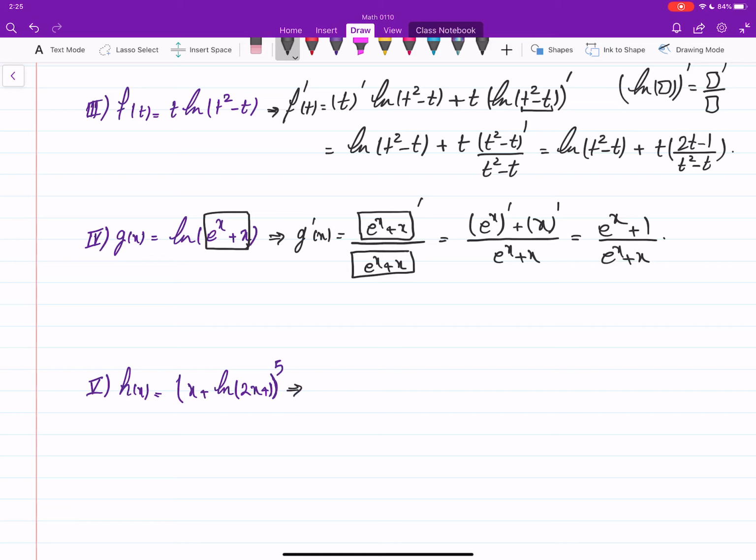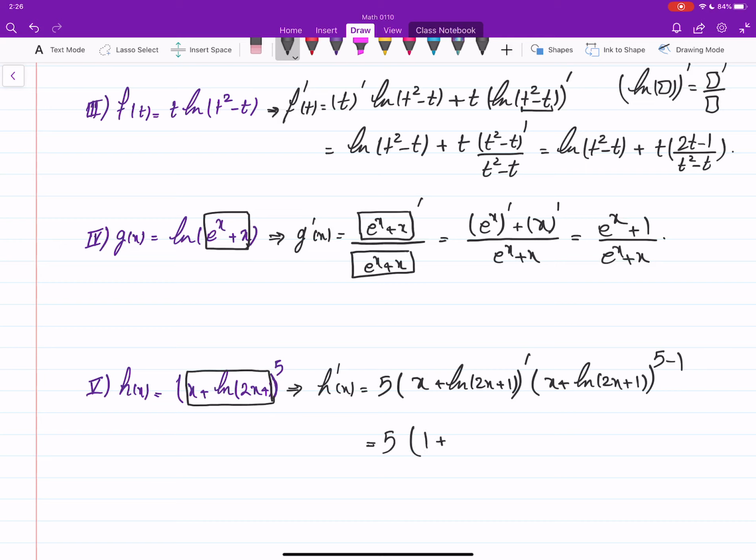And the last one here, so we are differentiating with respect to x. And well, you see, we have a function to the power 5. So 5 will come out, and then the derivative of the function, this is the general power rule, times the function to the power 1 less. This is 5 times 1 plus derivative of ln of 2x plus 1. I'll come back and find the derivative of that.